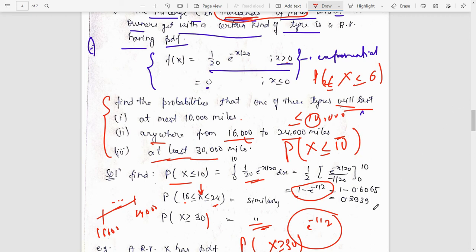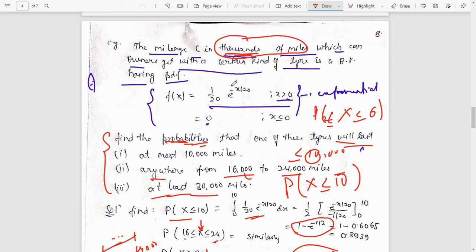Yes, definitely, we'll apply it by thousand. This particular thing has been given as mileage in thousands of miles.